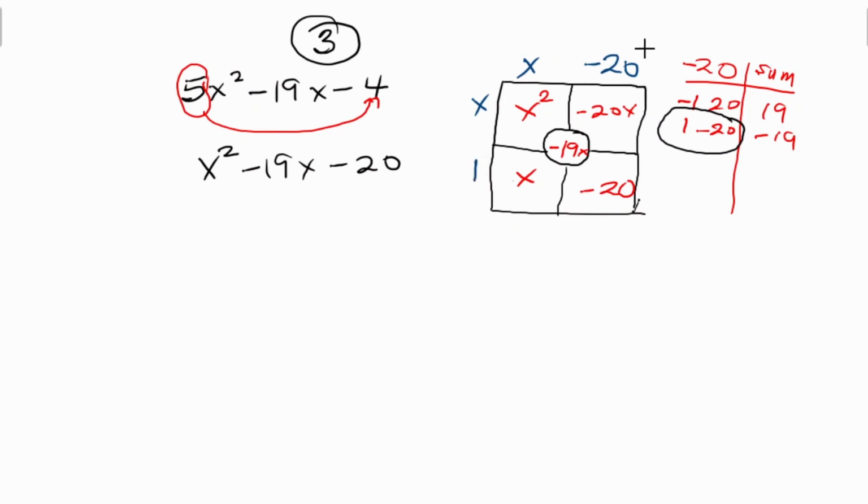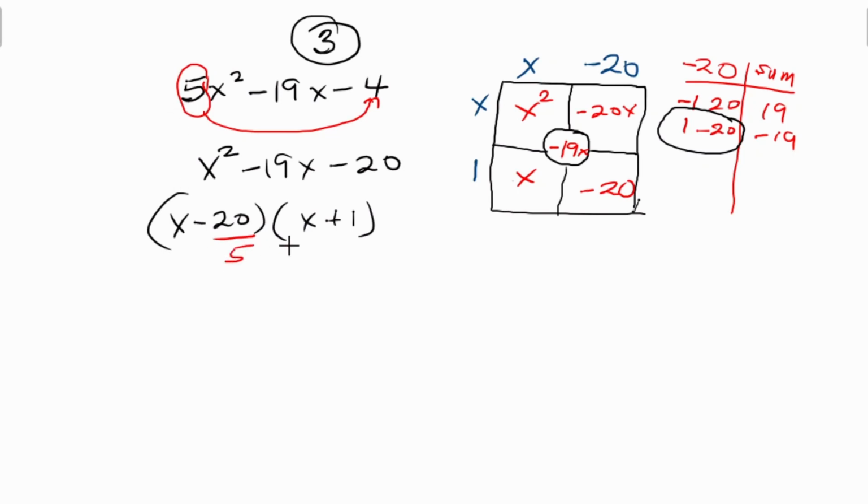So now we write these two as our factors. Then we have to divide, because always we have to divide after sliding. That is why the formula is called slide and divide. So now we write the two factors first, x minus 20 and then x plus 1. Then now we divide by what? The 5.